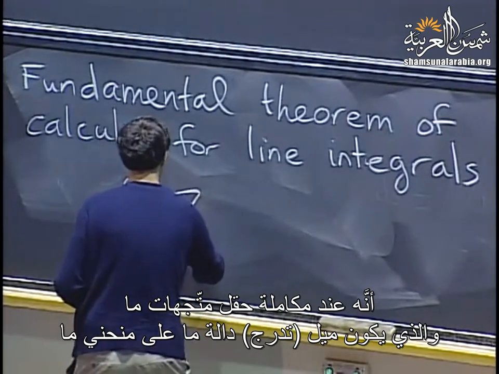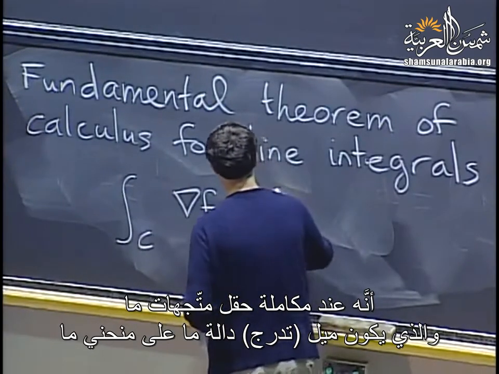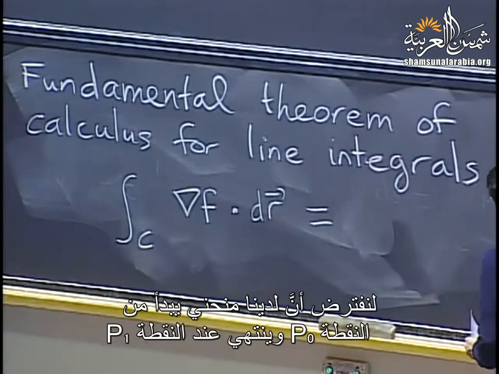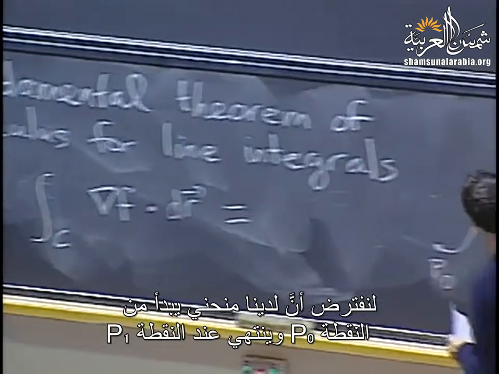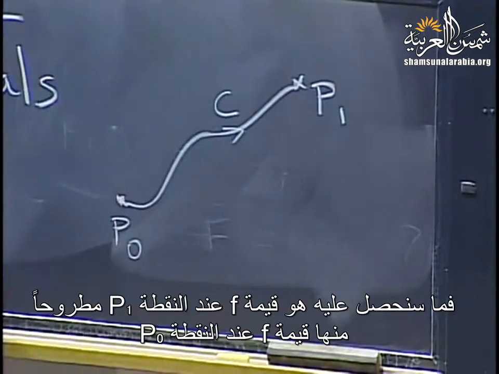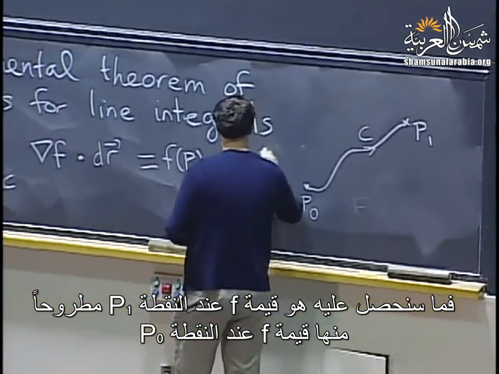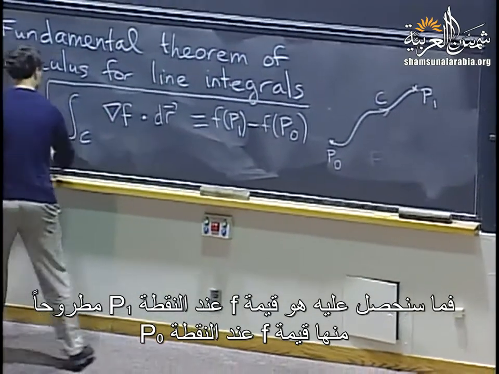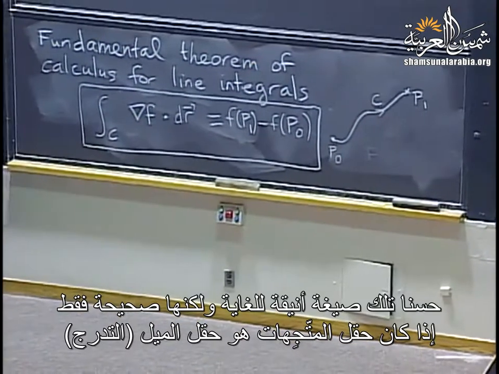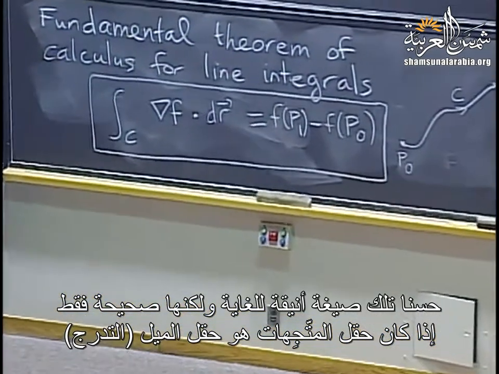It says if you integrate a vector field that's the gradient of a function along a curve, let's say that you have a curve that goes from some starting point, P0, to some ending point, P1, then all you will get is the value of f at P1 minus the value of f at P0.